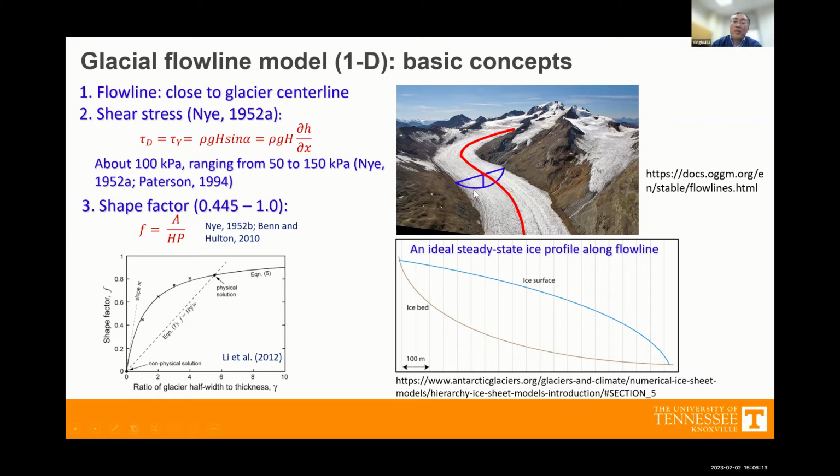In mountain glaciers, one thing we have to consider is that the glacier is constrained in the valley, so the side of the valley also has an impact on the shear stress. This is mainly described by a shape factor. Basically, we use this equation to calculate the shape factor.